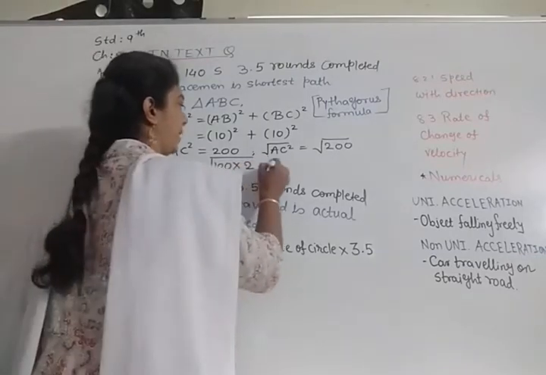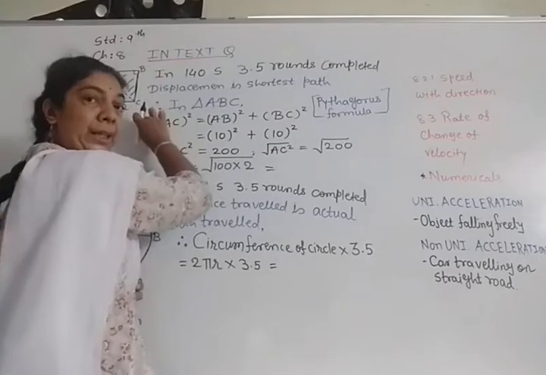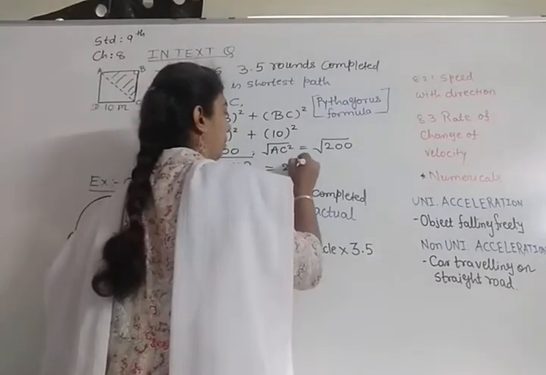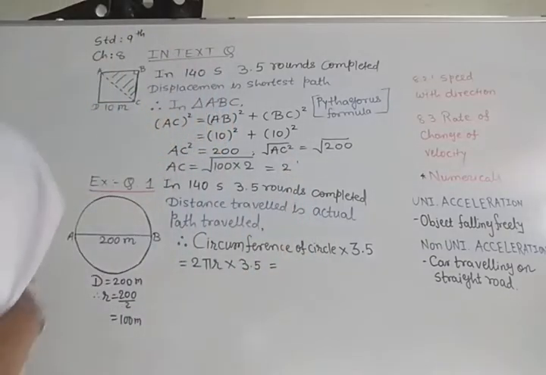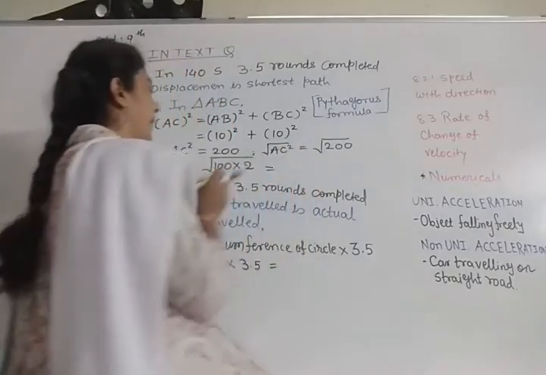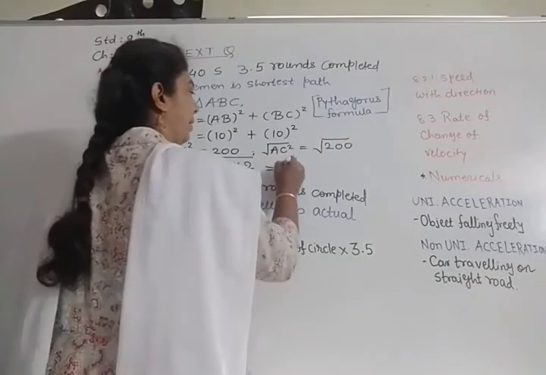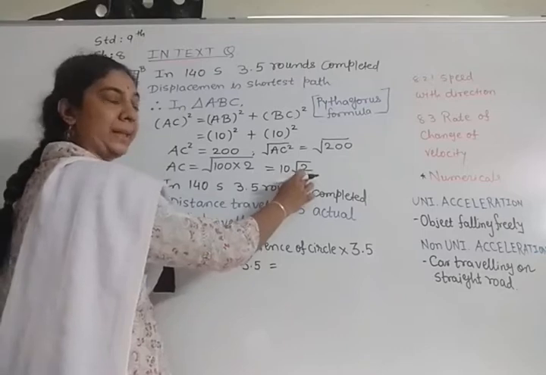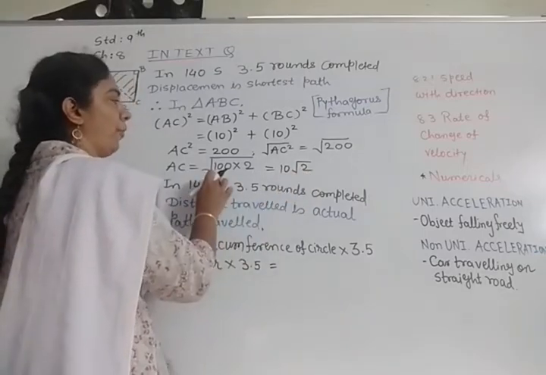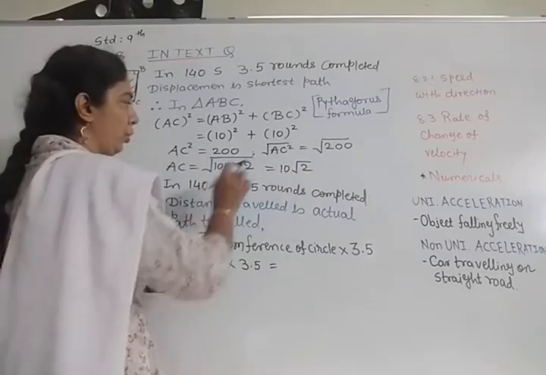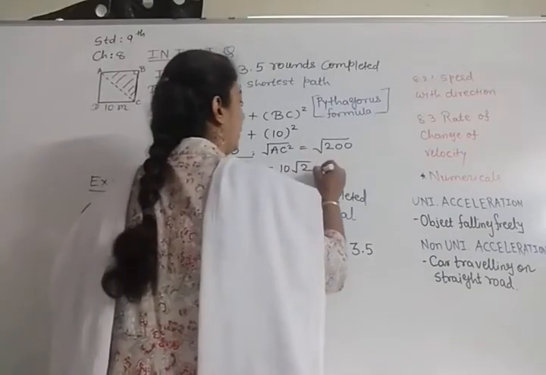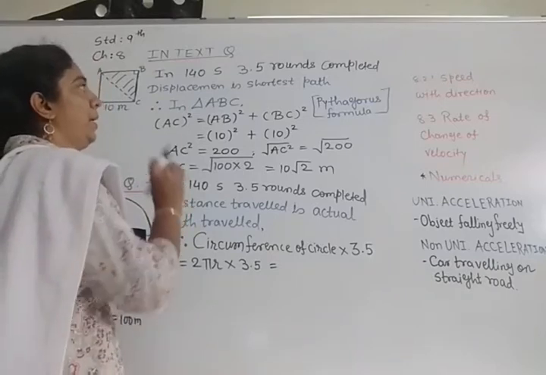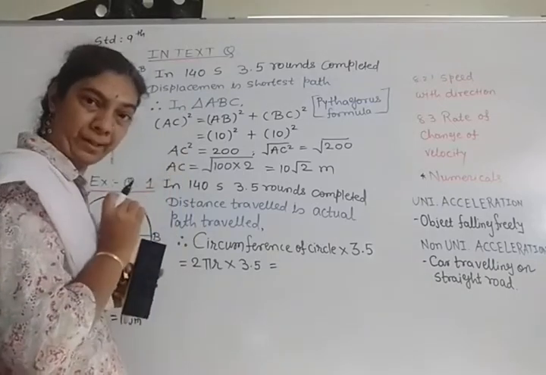So the displacement, that is from A to C, we are getting as 10 under root 2. This 2 will remain as it is and under root of 100 will be 10. So 10 under root 2 meter has been travelled, that is the shortest path during this time interval.